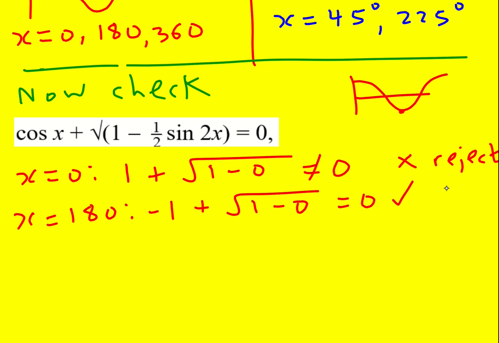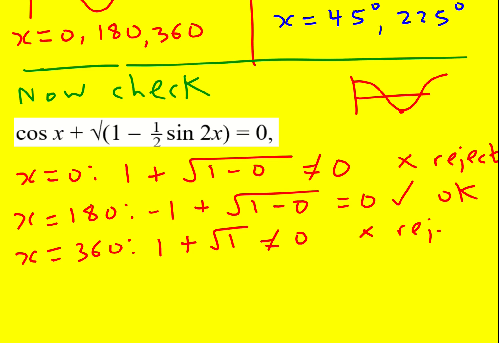This is okay. x equals 360. Now we get cos of 360, that's back to being 1. And we are back to adding the root of 1 because sine of 720 is also 0. So this is not equal to 0. Reject. So actually we've got a lot of spurious solutions arising.